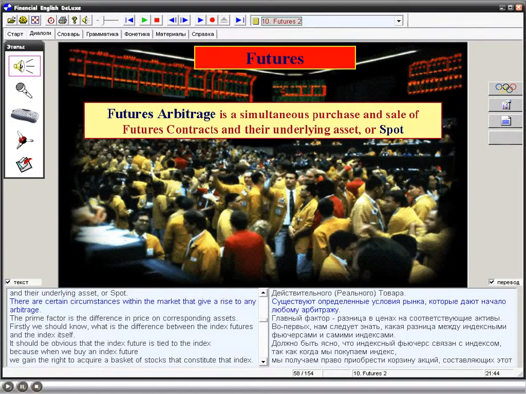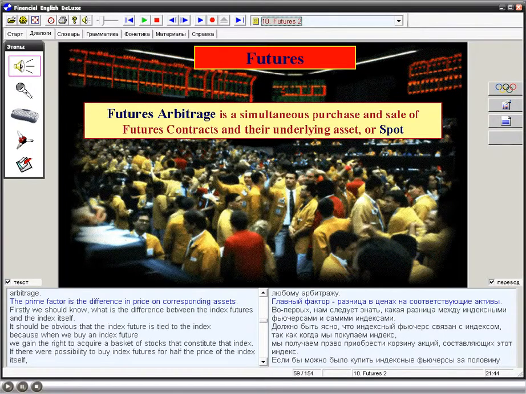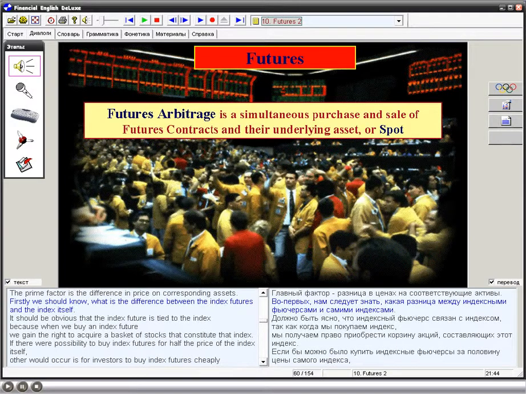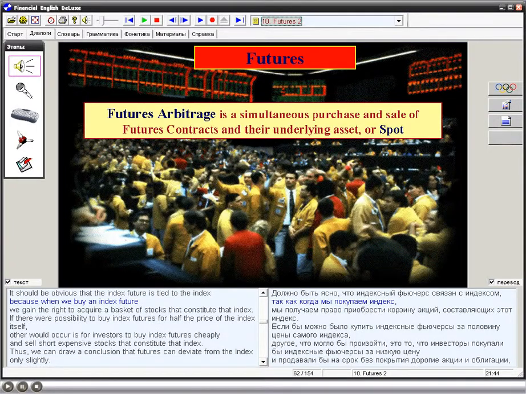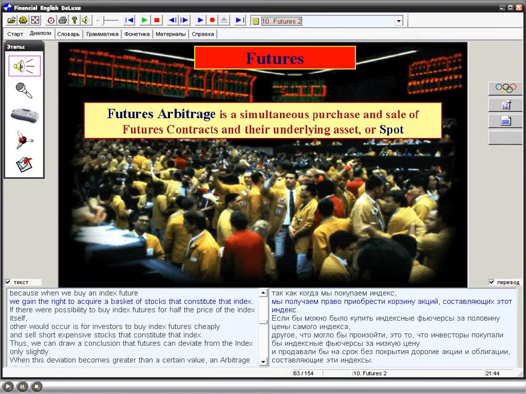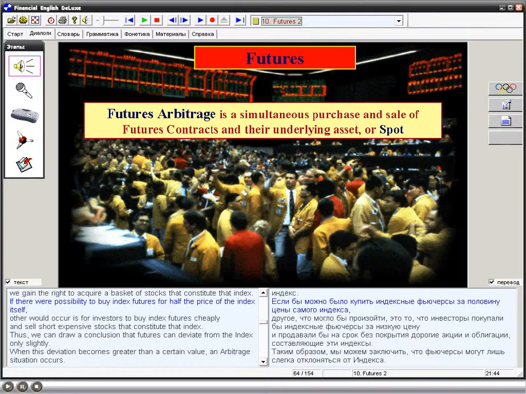There are certain circumstances within the markets that give rise to any arbitrage. The prime factor is the difference in price on corresponding assets. Firstly, we should know what is the difference between the index futures and the index itself. It should be obvious that the index future is tied to the index because when we buy an index future, we gain the right to acquire a basket of stocks that constitute that index.